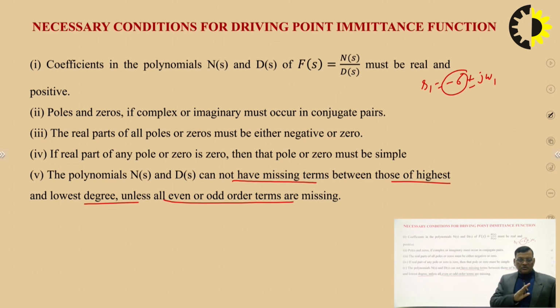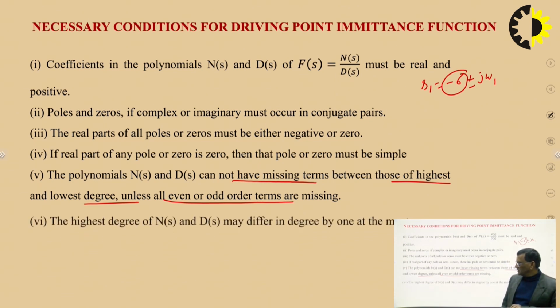There should not be any missing terms, provided the function is not purely even or odd. Similarly for D(s), from b_n s^n, s^(n-1), s^(n-2) and so on, there should not be any missing terms, unless the function is even or odd. This is the fifth property.